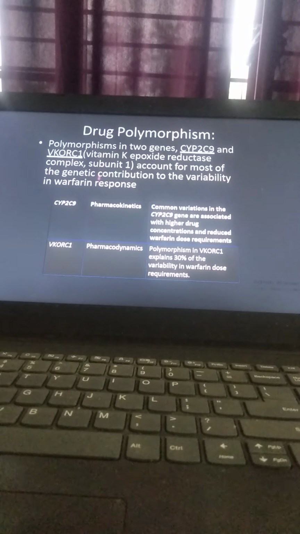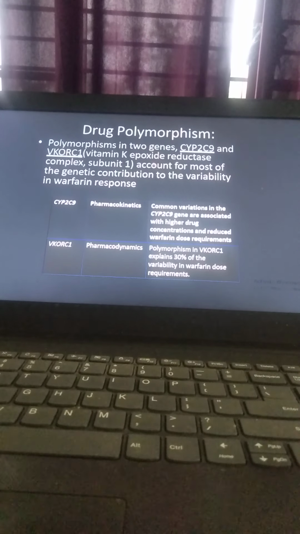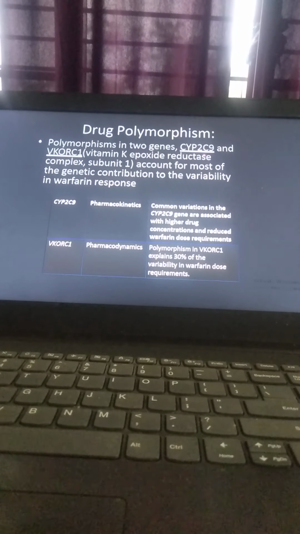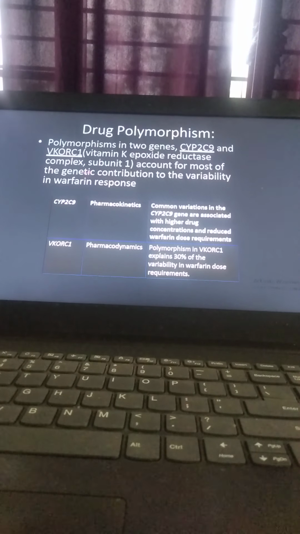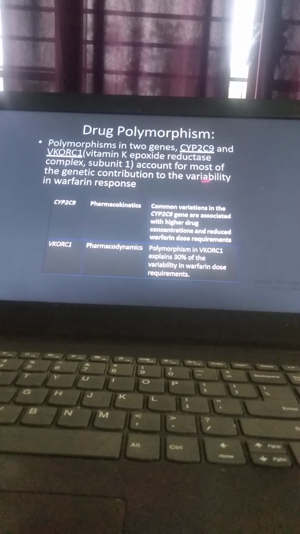Now, drug polymorphism. This is very important so far as drug-drug interaction is concerned. Polymorphism in two genes, CYP2C9 and vitamin K epoxide reductase complex subunit 1, accounts for most of the genetic contribution to the variability in warfarin response.